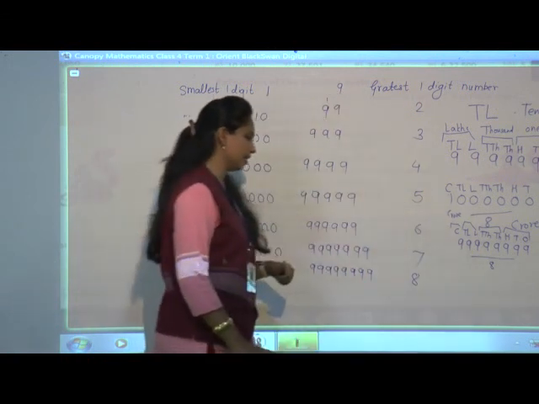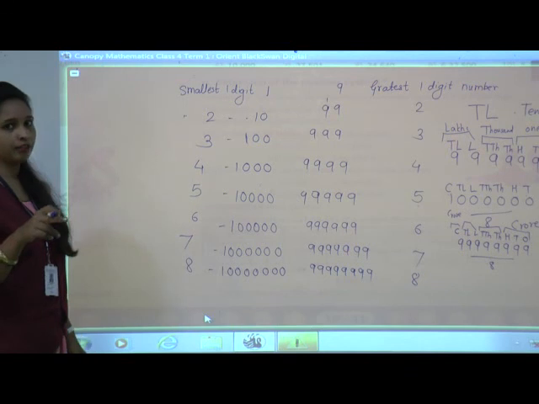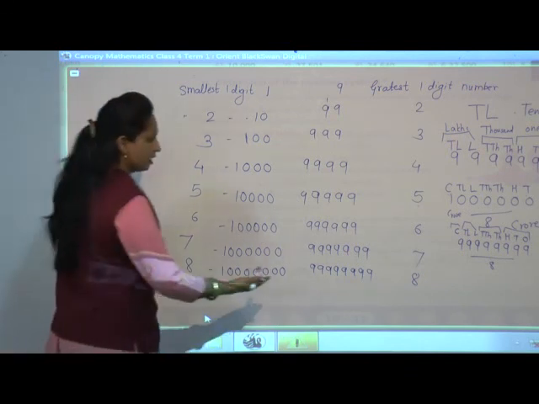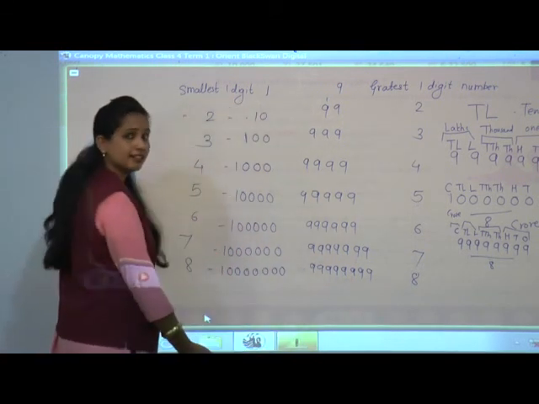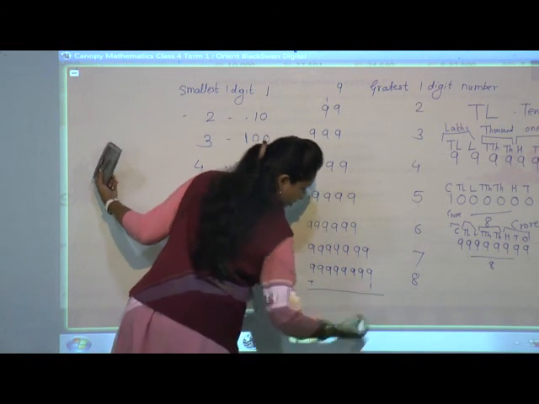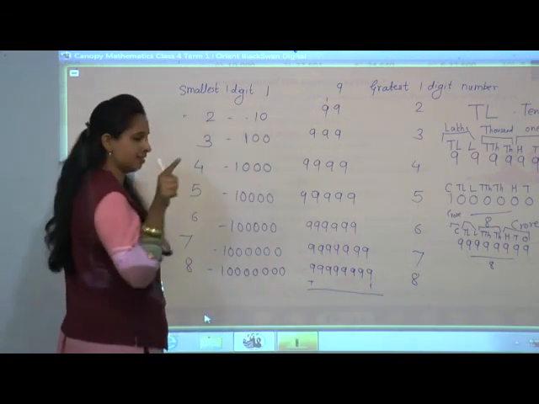Now we will see next what the smallest 9 digit number is and what the greatest 9 digit number is. See, here we have the 8 digit greatest number. Add 1 to this number, so we will get the smallest 9 digit number.